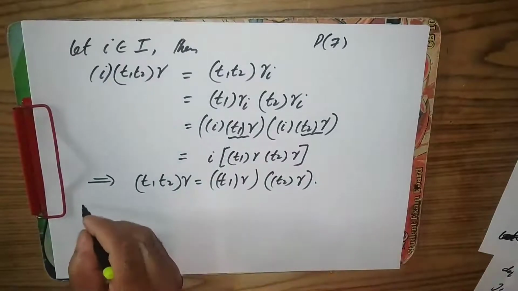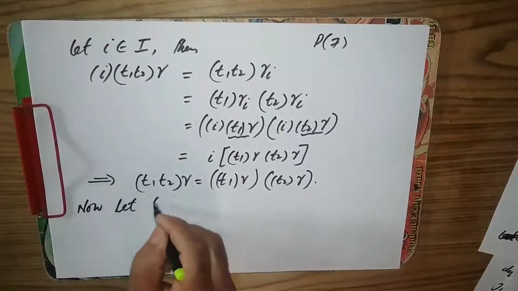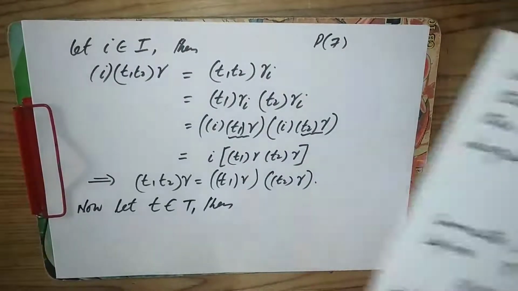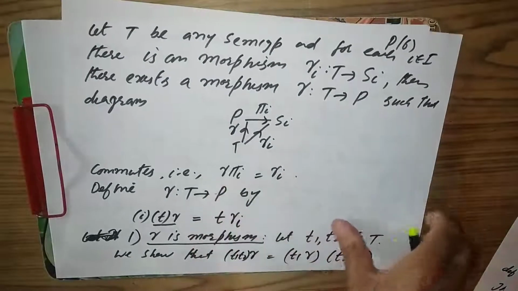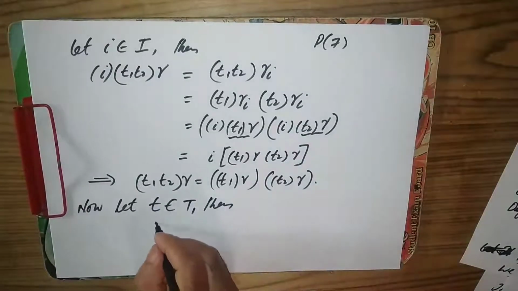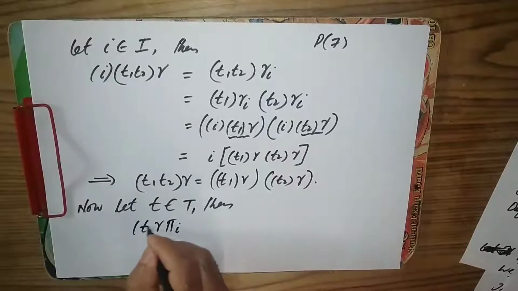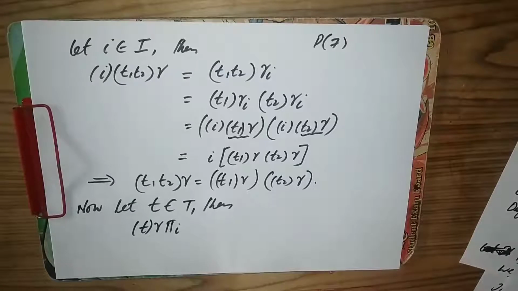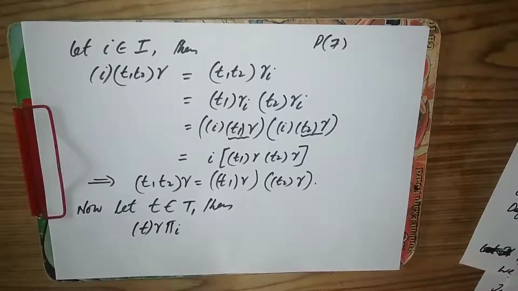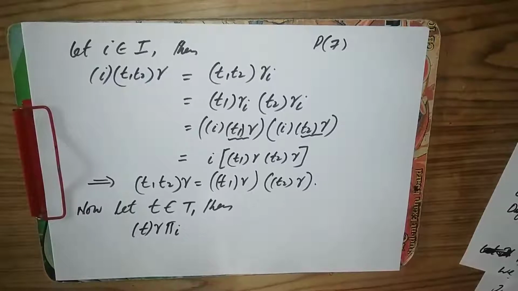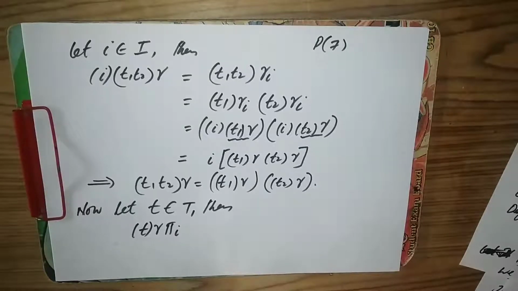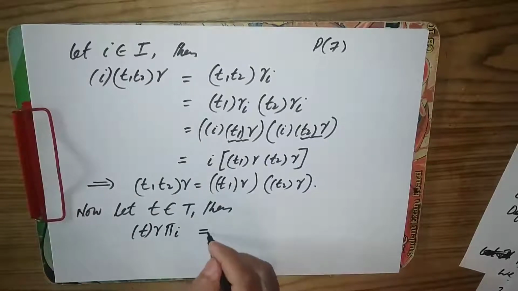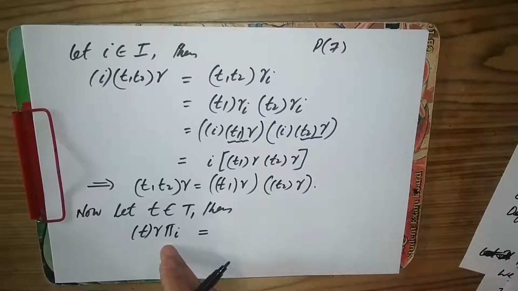Now let t be any point of T. Then let's calculate this value first, gamma pi i of t. Or you can calculate gamma i of t directly. So what's this, pi i of t gamma?